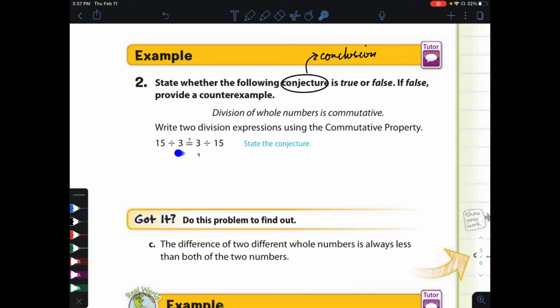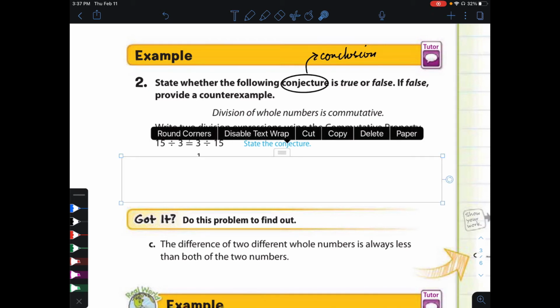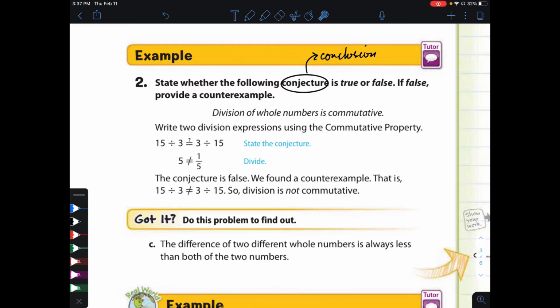If I have 15 divided by 3, is this the same as 3 divided by 15? Of course, the answer is false, right? Because 15 divided by 3 is 5, and 3 divided by 15 is 1/5. So the conjecture is false. The conclusion is false. We found a counterexample. This is the counterexample that proves that this conjecture is false. Okay?